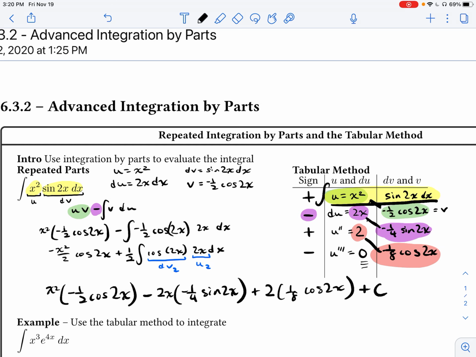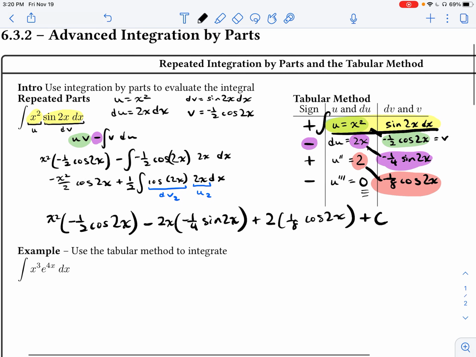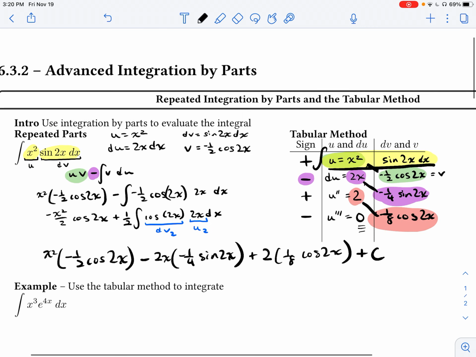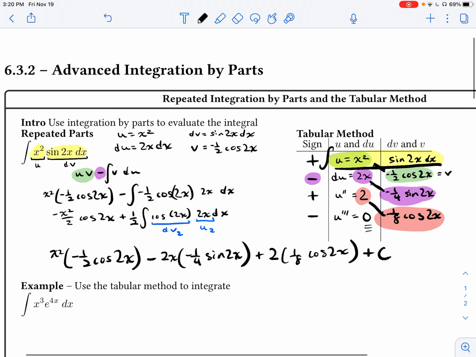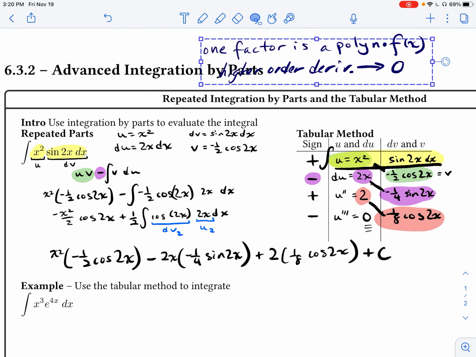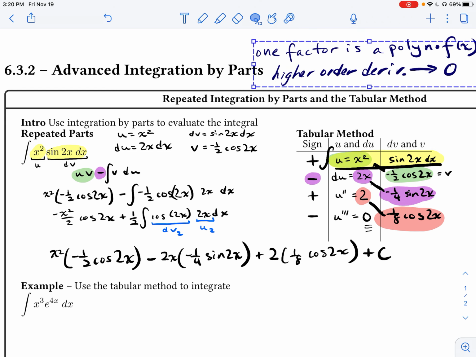So when does the tabular method work? When is it a good idea to actually do the tabular method? It's a great idea whenever one factor of our integrand is a polynomial function with some higher order derivative ultimately resulting in 0, because we end up with 0 here.